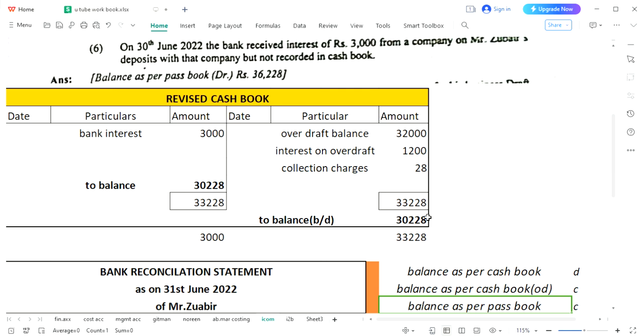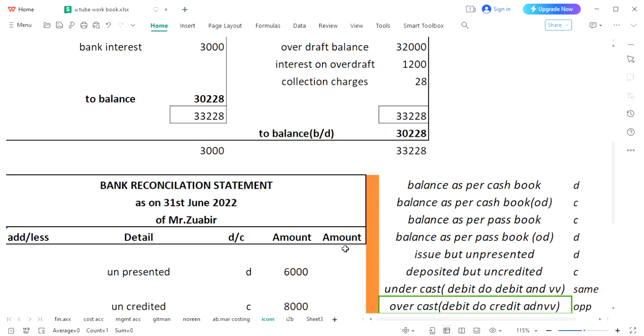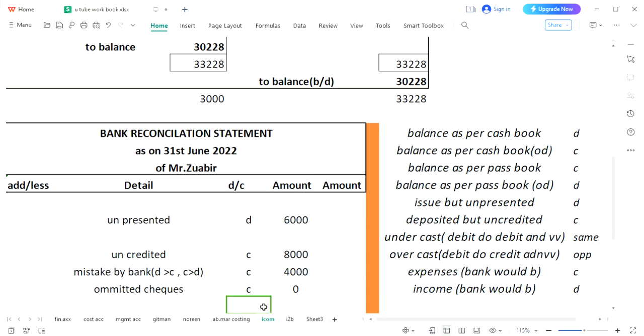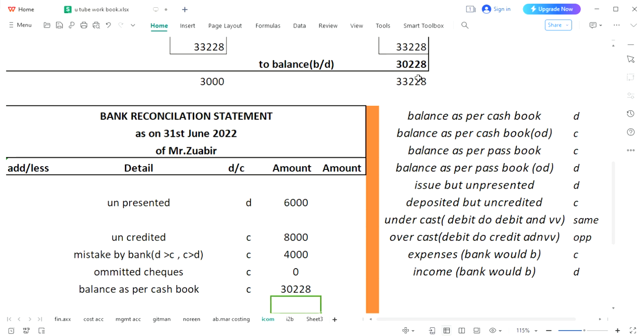Now the next step, you will bring this balance to the BRS. It is written on the credit side. So you will write this balance on the credit side. Here you will write balance as per cash book. Why have you written it on the credit side? Because you have brought it down to the credit side. And the same balance, 30,228, you will put over here.